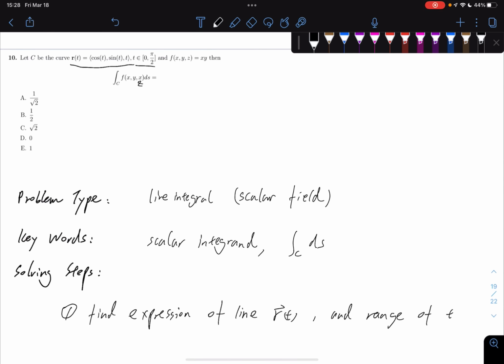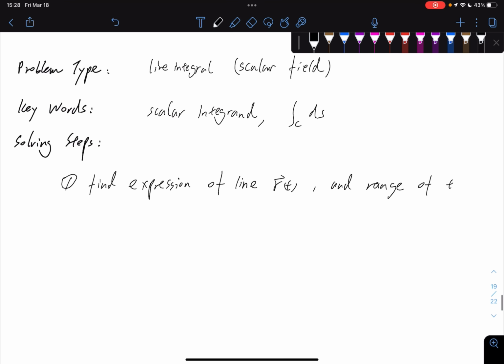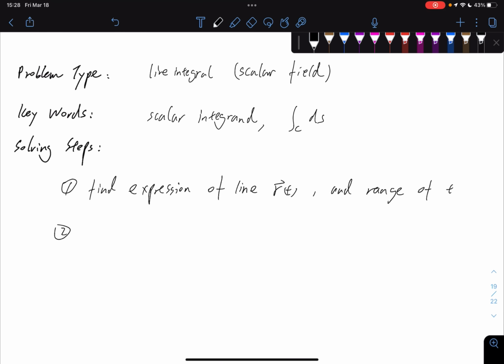We know r, we know the t range, but sometimes it's not explicitly given, so we need to be able to find that. Then we need to find r prime of t, and then the magnitude of r prime of t.